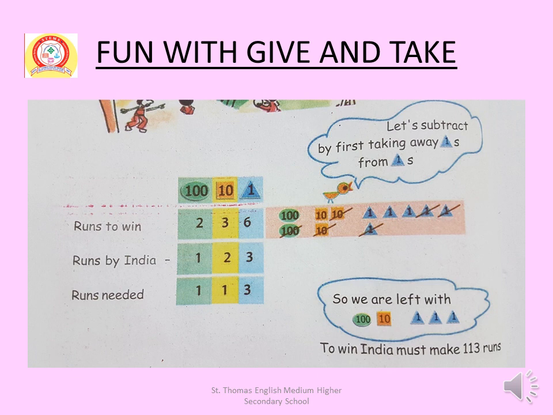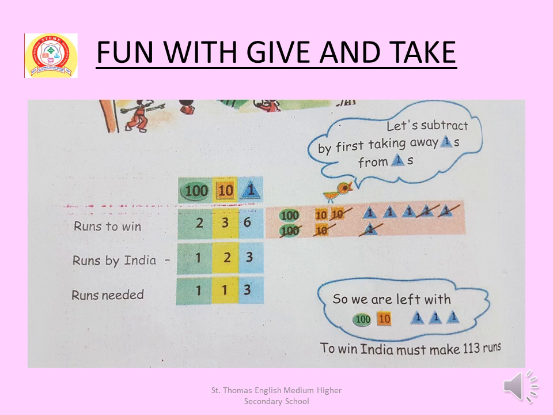Here there are 3 columns. First column is ones column, second column is tens column, third column is hundreds column. First, we will do subtraction of first column, that is 6 minus 3. How do we do it? I have shown 6 ones by 6 tokens of 1.